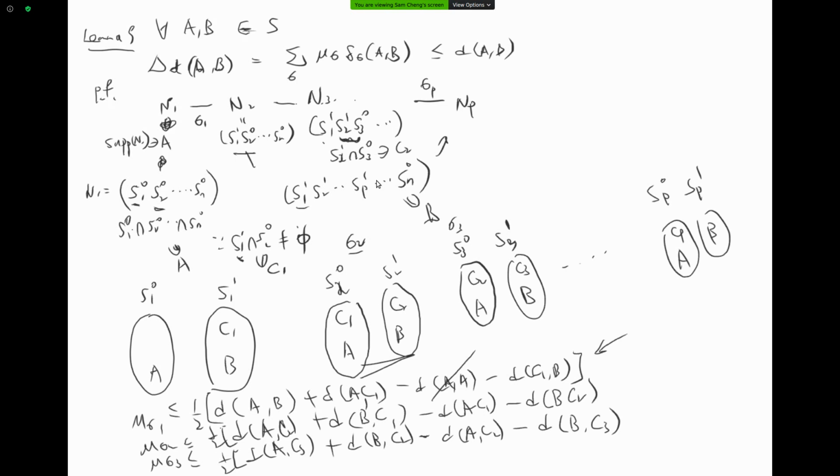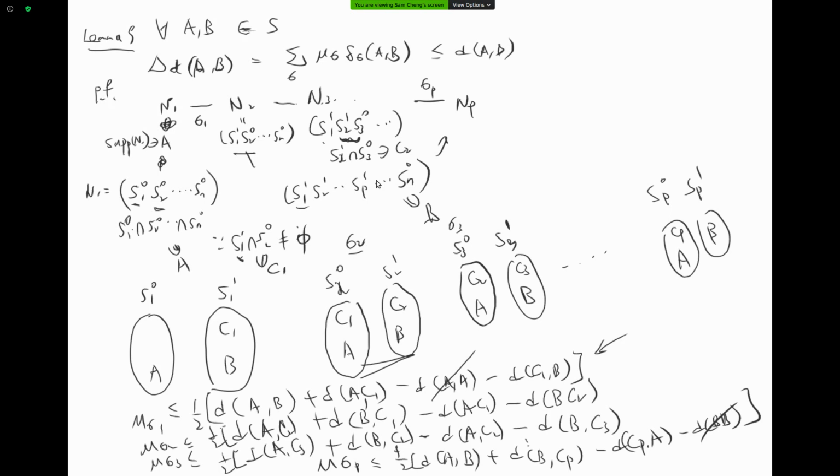And the last equation, mu sigma P, will be less than or equal to something like 1/2 d AB plus d BCP minus d CPA and d BB. d BB is just nothing. By the way, d AA and d BB should be nothing because it is a distance measure.